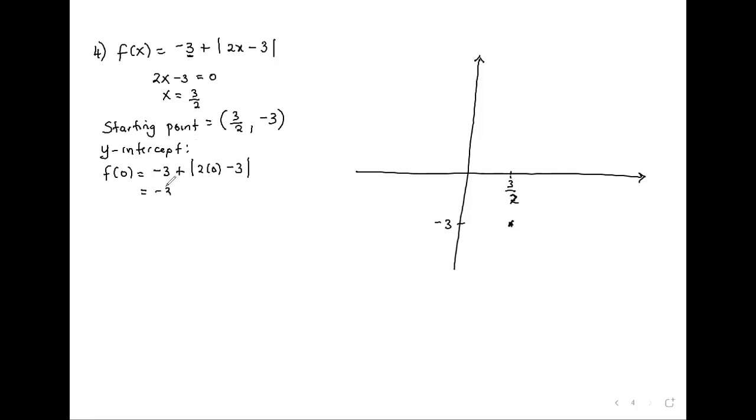This is equal to -3 plus the absolute value of -3, which is -3 plus 3, which is equal to 0. So we get 0, 0 as the y-intercept.